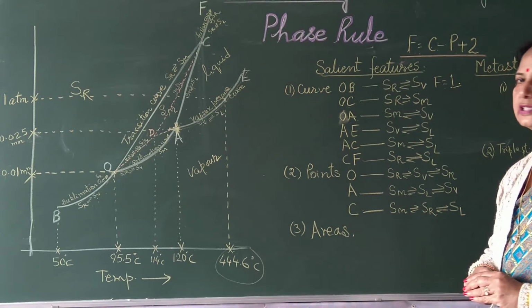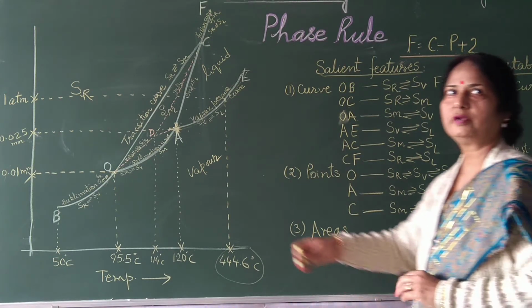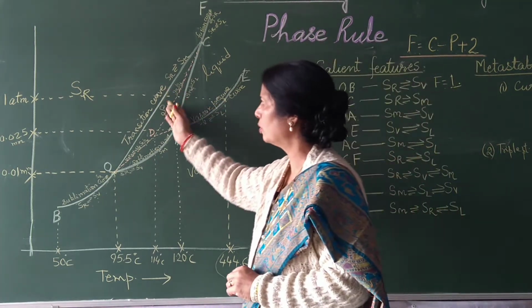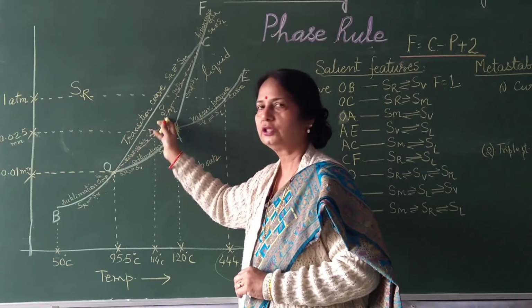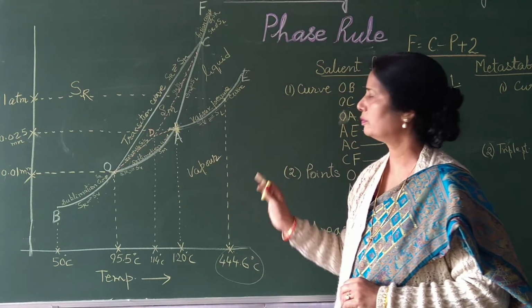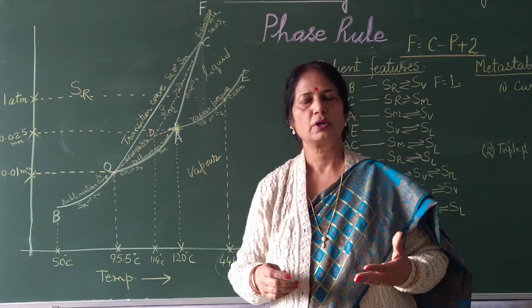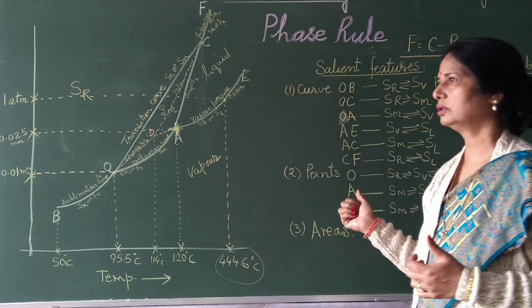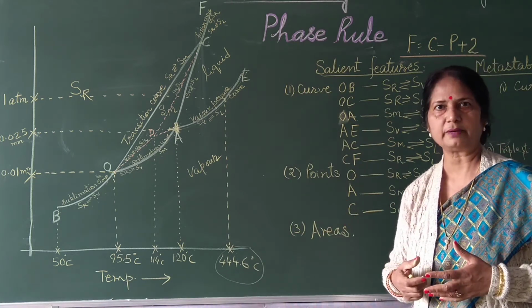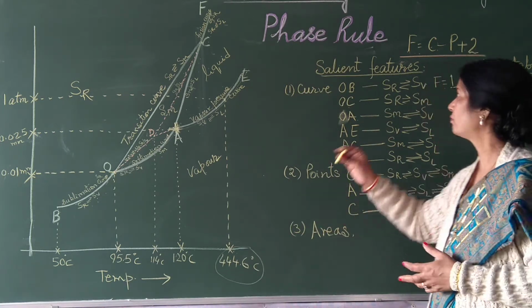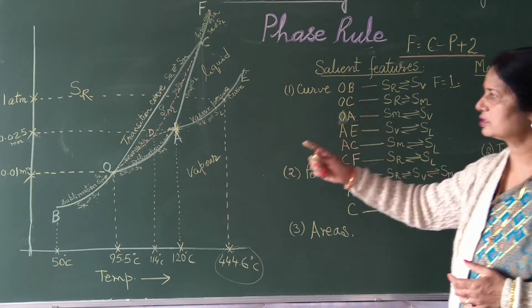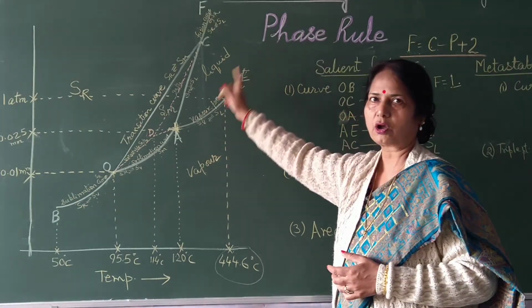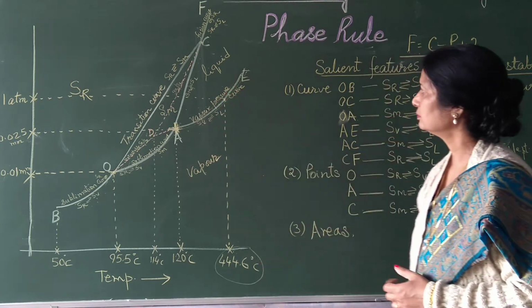The two phases which exist in equilibrium here are the rhombic sulfur and the monoclinic sulfur. These two phases exist in equilibrium with each other, and so, as we have seen earlier, if we calculate the degree of freedom F from this formula, that will again come out to be 1. This means that the system is univariant along this transition curve.